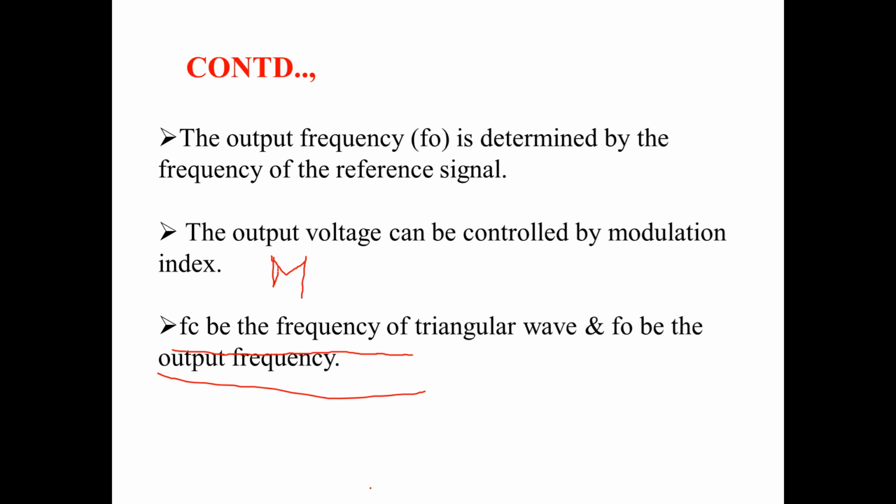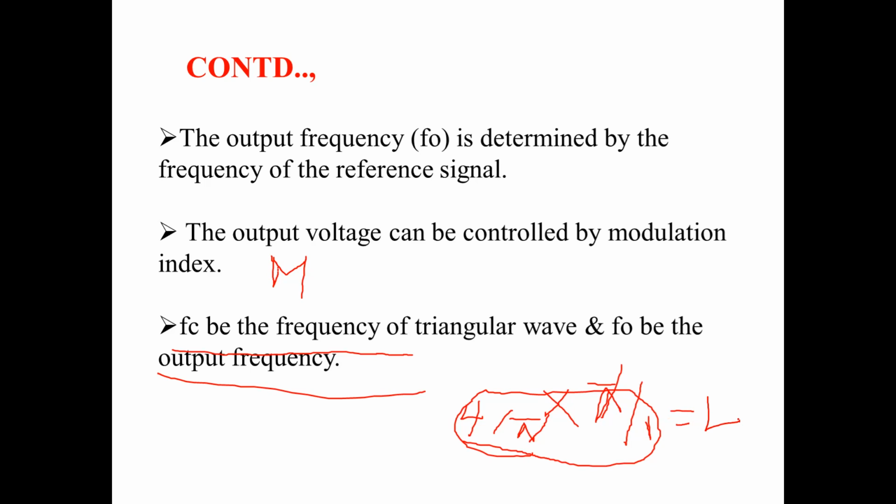The number of triggering pulses will be 4 by pi into pi by 1. In the previous slide we saw the carrier frequency as pi by 4, and 1 by 2f is pi. After cancelling, we obtain the value 4, so the number of triggering pulses is 4.